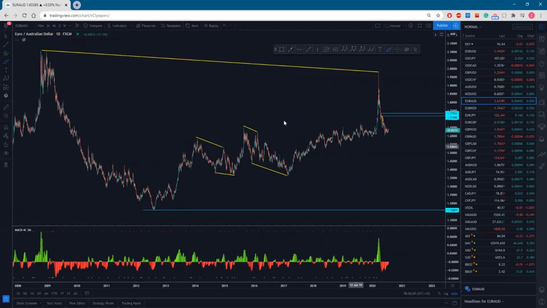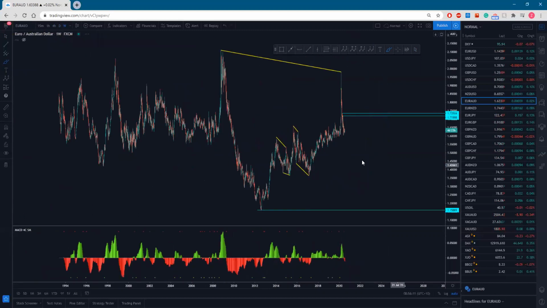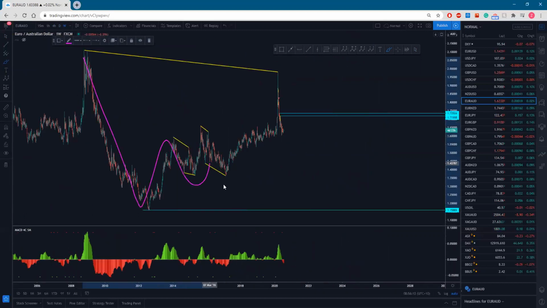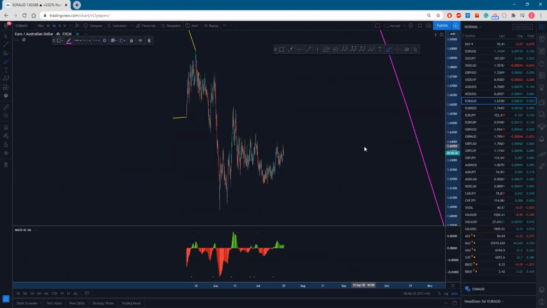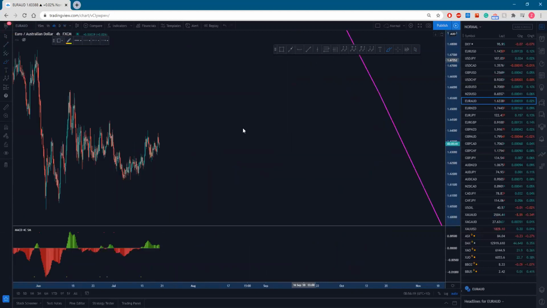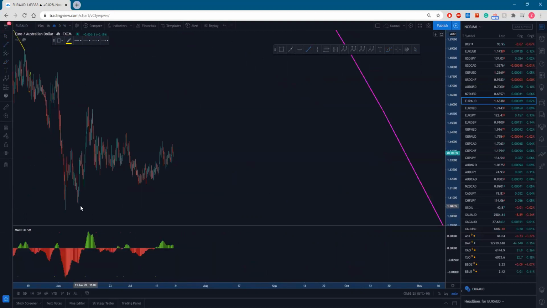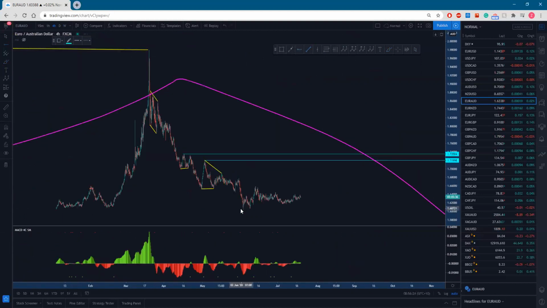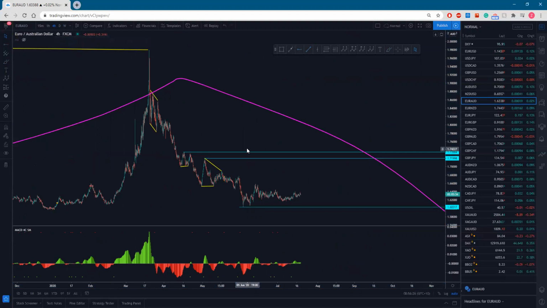Euro Oz, cool. It's still falling. I am still looking at it as an A, B, C. So more sell setups. If you wanted to trade this specific piece, I'd drop some horizontals here.